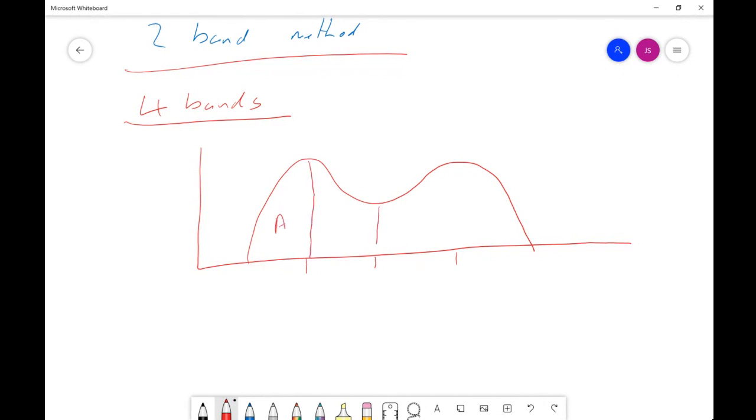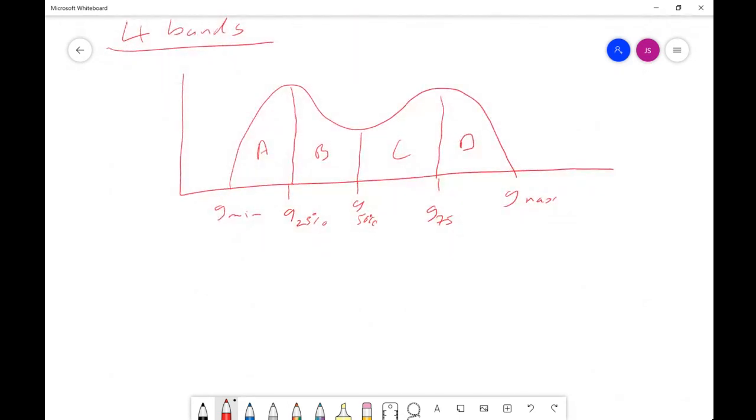So this would be band A, this would be band B, band C, and band D, G min, G max. This would be G 25%, G 50%, G 75%, and G max. And it would be exactly the same overall strategy, except you would have more bands.